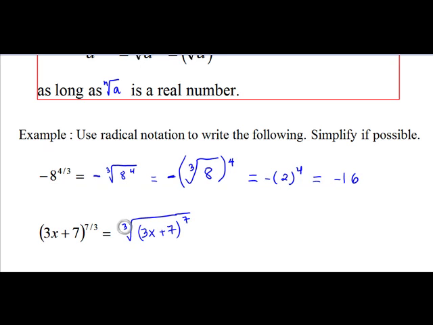Now we continue to simplify. If the index here is smaller than this power here, you can simplify. Otherwise, you cannot simplify. So if the index is greater than the exponent, then you cannot simplify. But if the index is smaller than the exponent, then you can simplify. This here, I know I can simplify. And we do the same method.